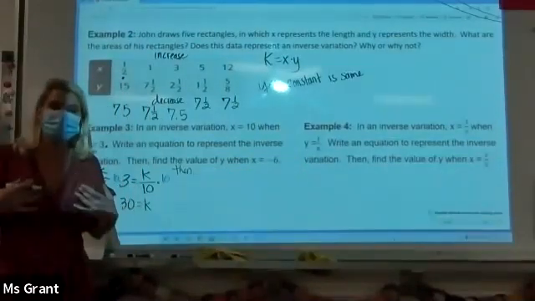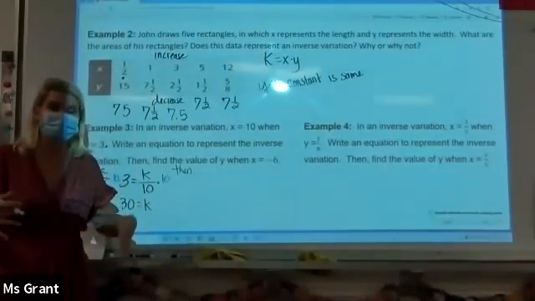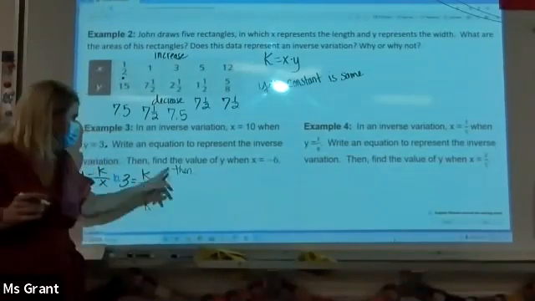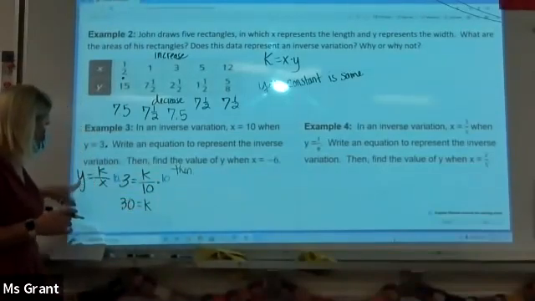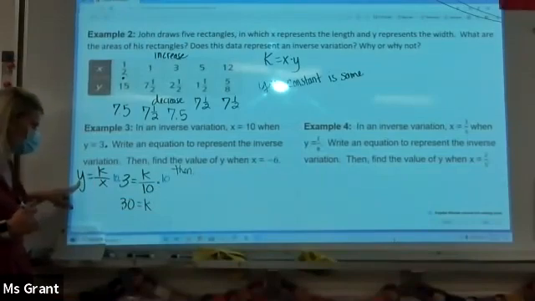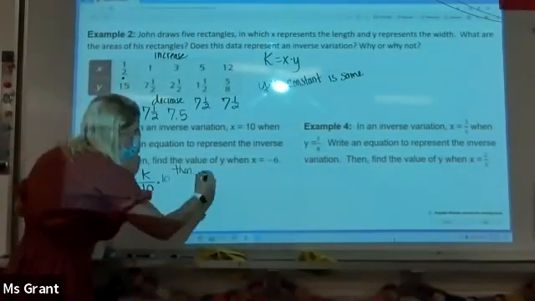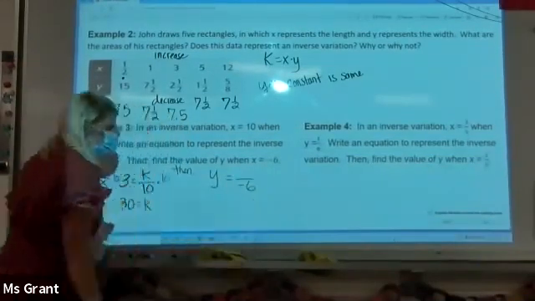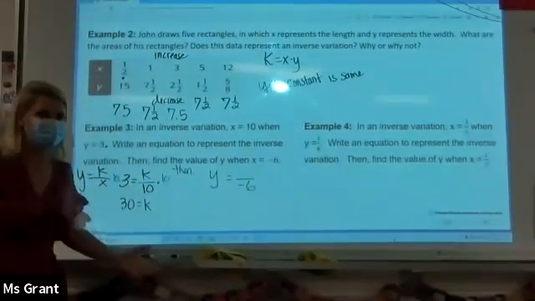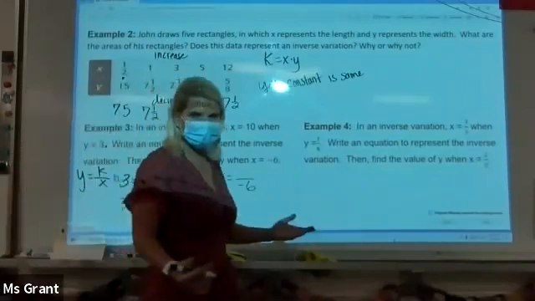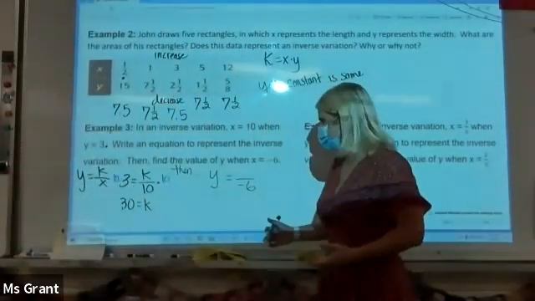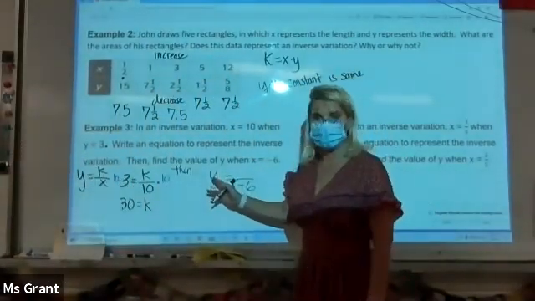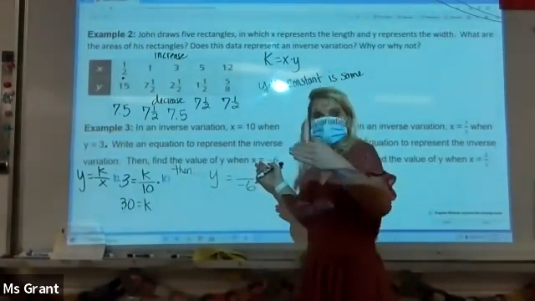Now it's asking me to use my K in a circumstance. Find the value of Y. What is Y going to be when X equals -6? Well, the K is missing. In this case, since now I'm being asked, it's like an extension problem.